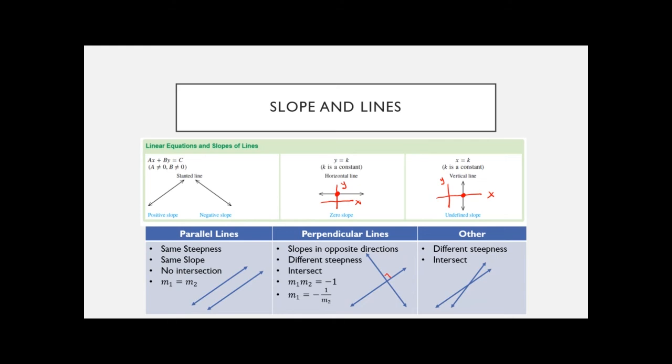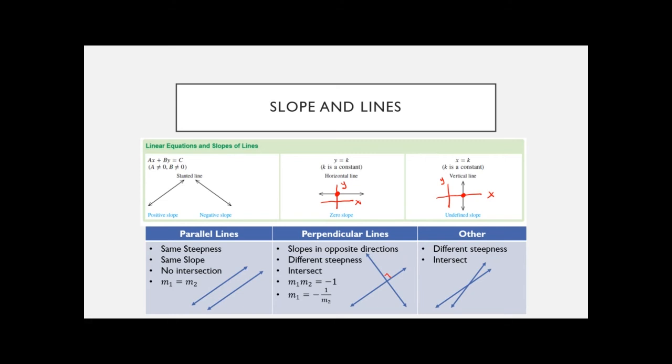Lines are perpendicular if the two slopes multiply to -1. What this means is that they are opposite in sign, and one is the reciprocal of the other. That is a particular property of perpendicular lines: they have opposite reciprocal slopes.